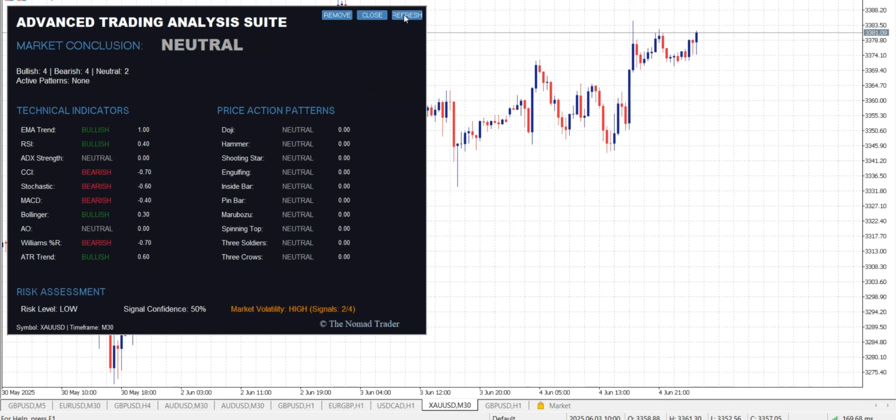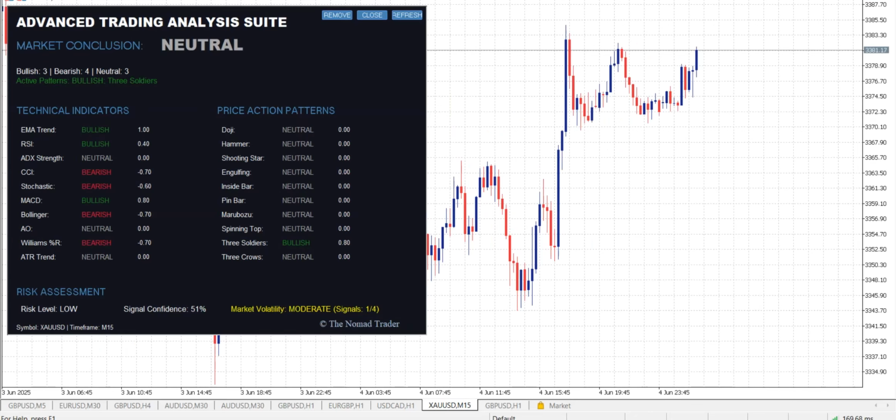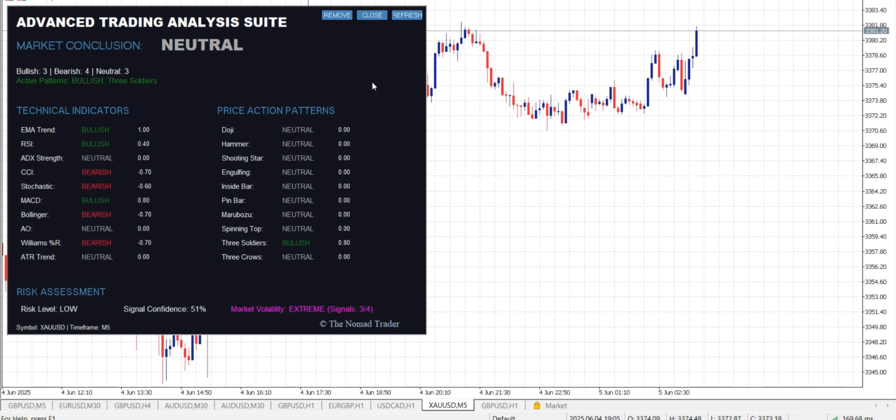Let's see if there are some patterns on the other ones. So yeah, basically it is not a done indicator, but it really adapts to any time frame that you are trading on, and it is going to tell you how it is for that time frame, for that dimension.